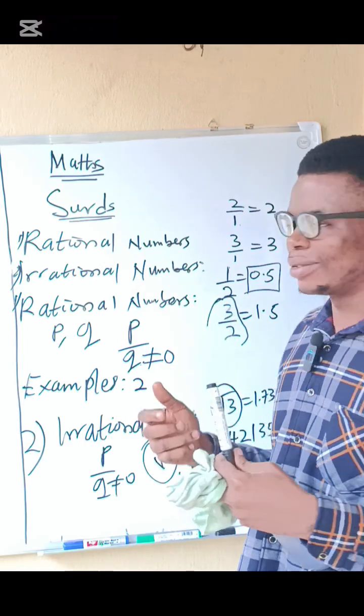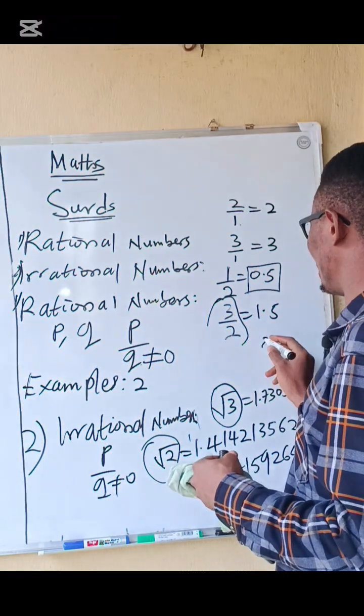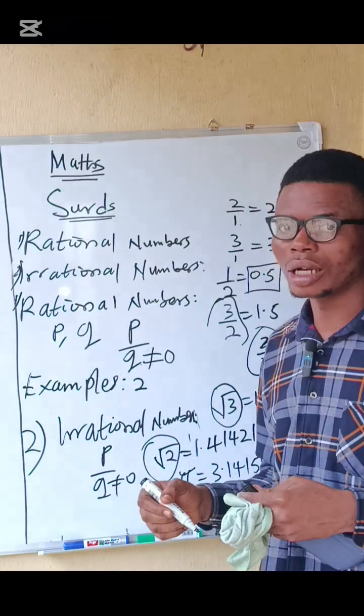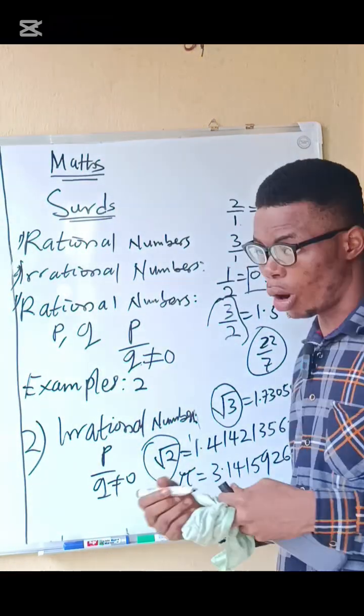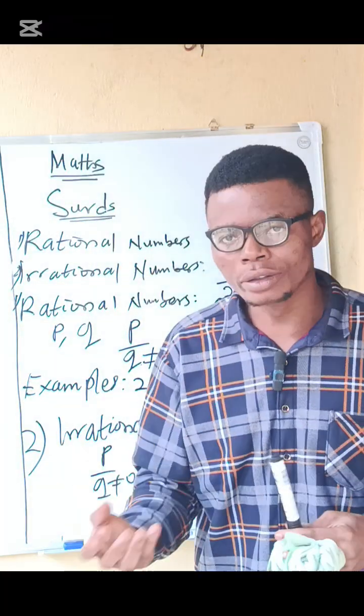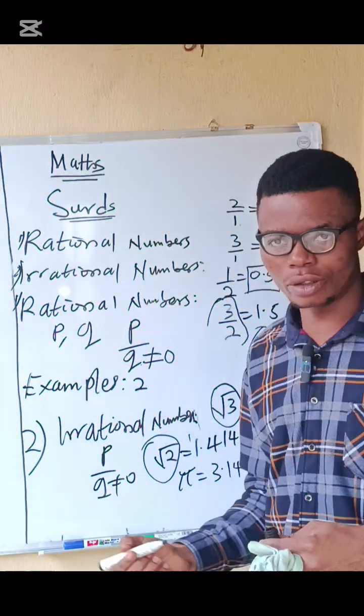I know that you are going to say that we have 22/7. That 22/7 is going to give us the answer to this. It's wrong. 22/7 is the approximate value for this guy. It is not the exact value.